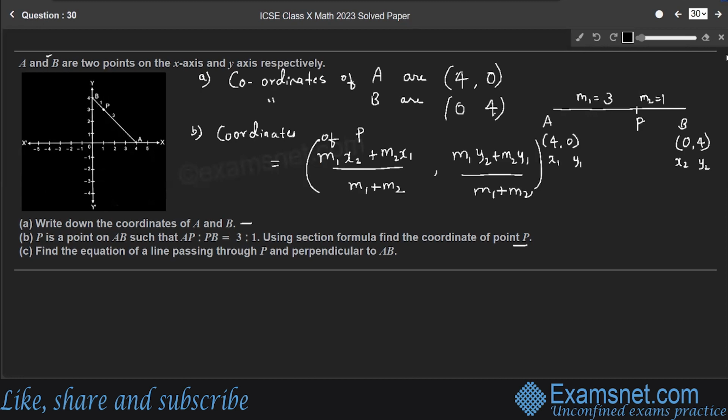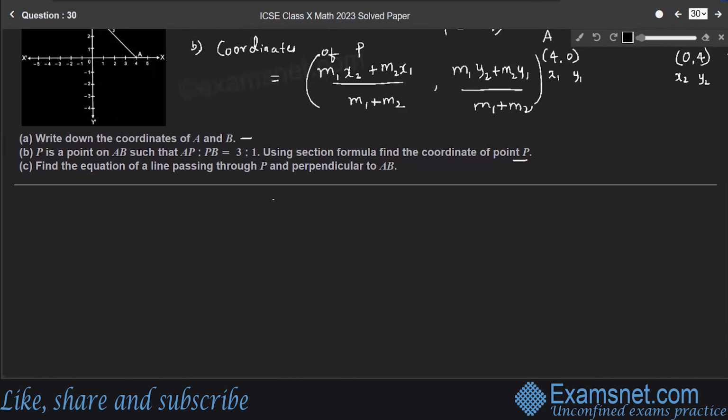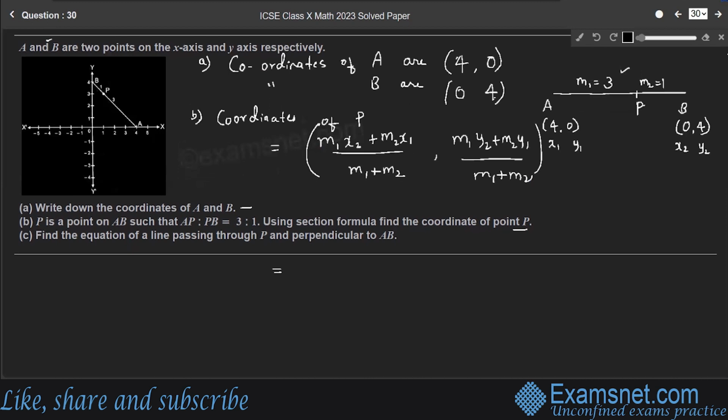So m1 is 3, and x2 is 0 here: 3 into 0 plus m2 is 1 into x1 is 4, divided by 3 plus 1.